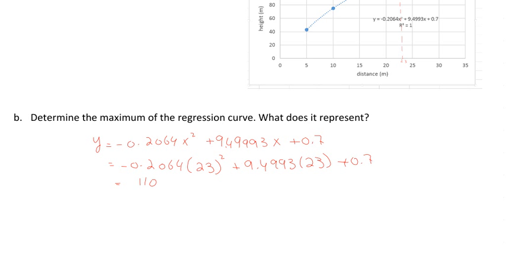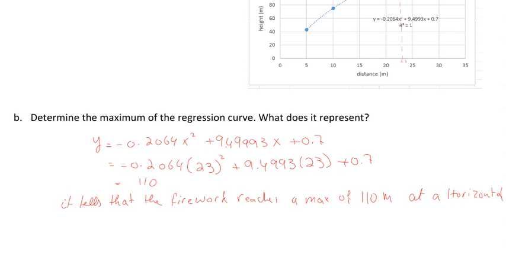So the maximum tells us that the firework reaches a maximum of 110 meters at a horizontal distance of 23 meters, right?